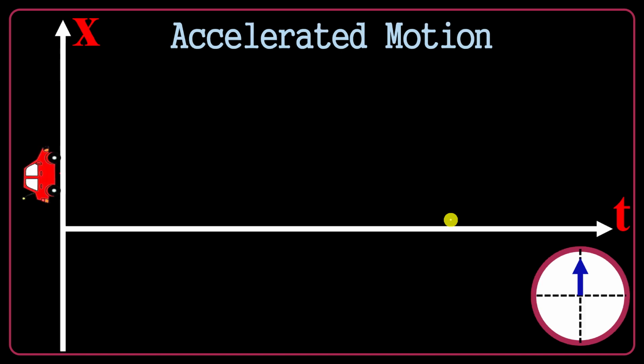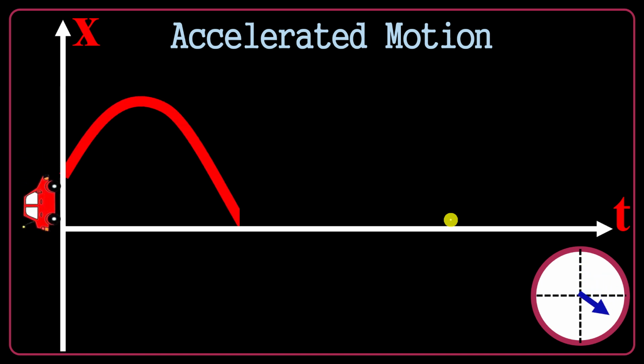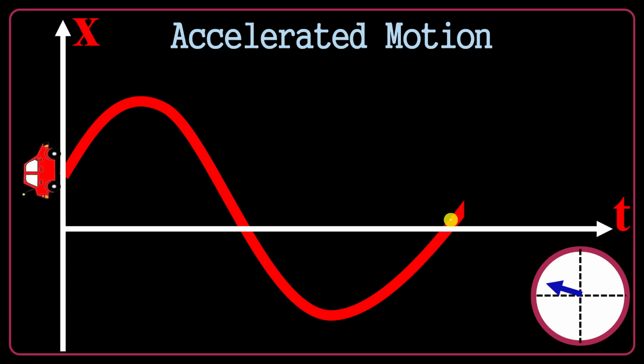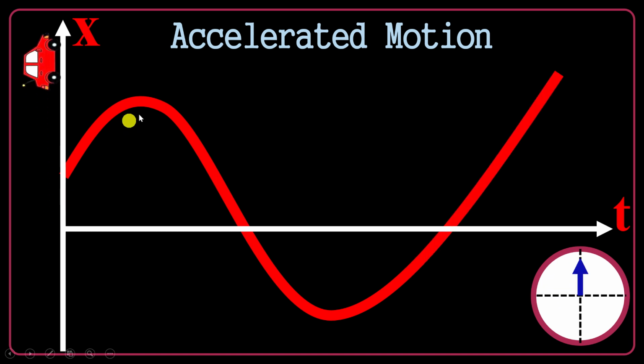Let's continue with another accelerated motion, which is a little bit more complicated. As you see, the car goes up, goes down, and then goes up. It's interesting. We have two peak points, here and here, so two turning points. How many times has the object passed the origin? 1 and 2. You see, whenever it crosses the x-axis, the t-axis, I will say that the object will pass the origin once and twice. Okay, twice.